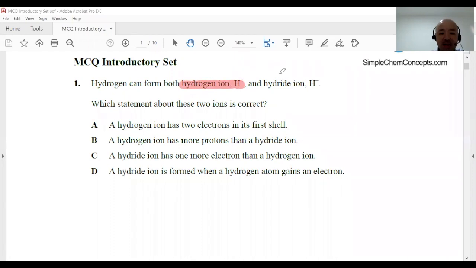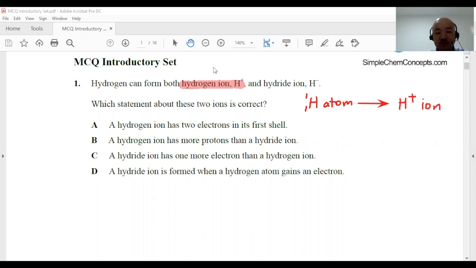A hydrogen ion is obtained, transformed from a hydrogen atom. And a hydrogen atom has a proton number of 1 and a mass number of 1. So it will then become a hydrogen ion, which looks like this, H plus ion.